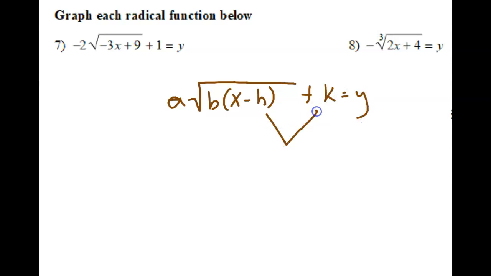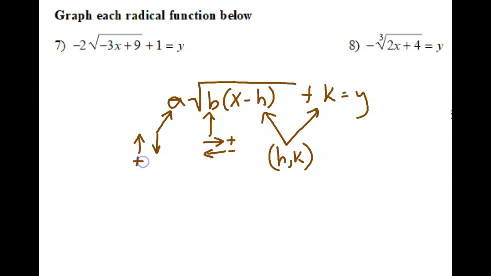And these two numbers put together, taking the opposite of this, like we have for quite a few different functions now, is going to comprise what I'll call the starting point. This number here is going to determine whether our graph is going to go right or left. It's right when it's positive, it's left when it's negative. And this number here is going to determine whether we're going up or down, and once again that's positive versus negative.